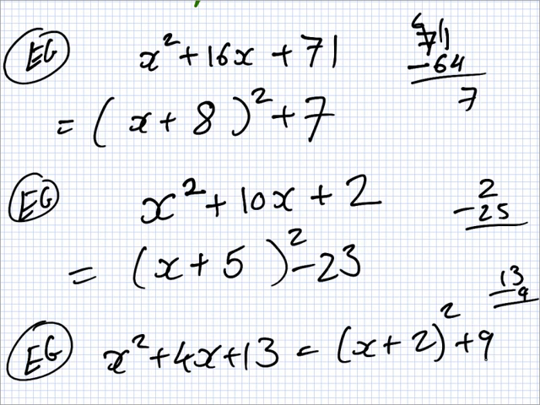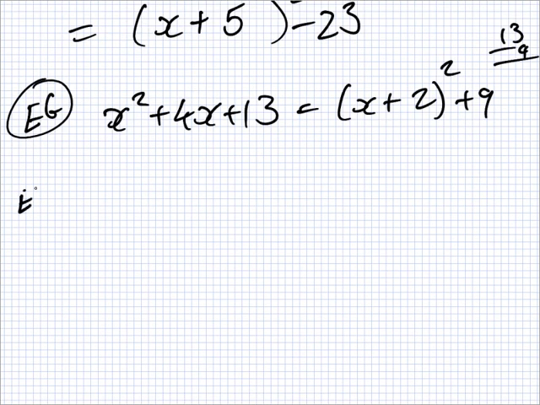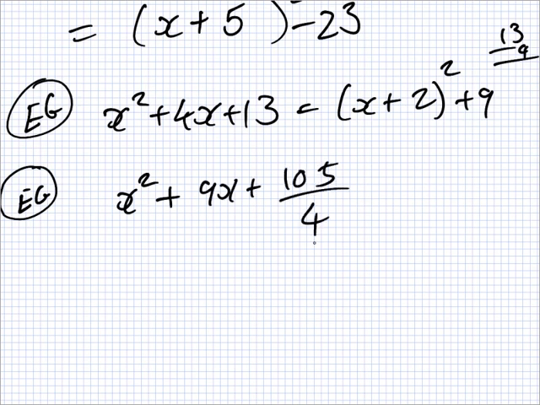Right. Now, on to something a little bit harder. Try this one for me. Let's stick in a fraction. x squared plus 9x plus 105 over 4. Actually, keep them as fractions instead of decimals.